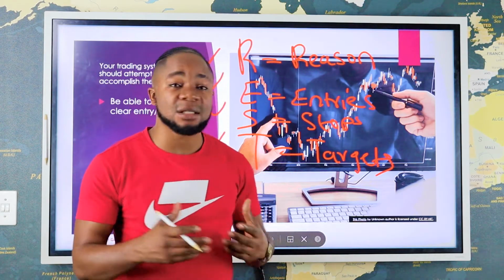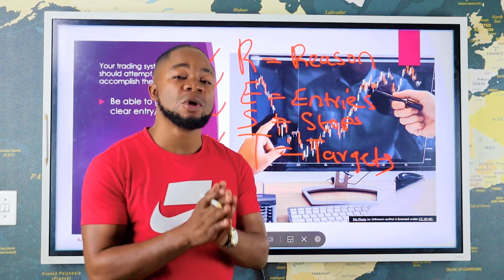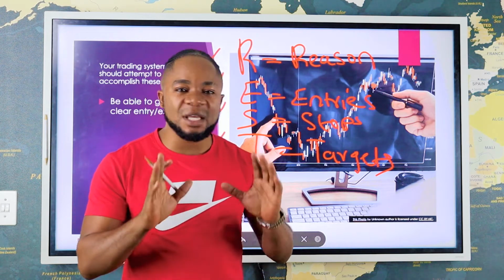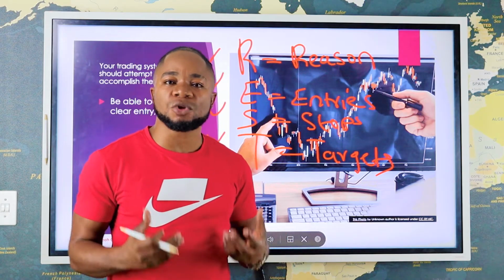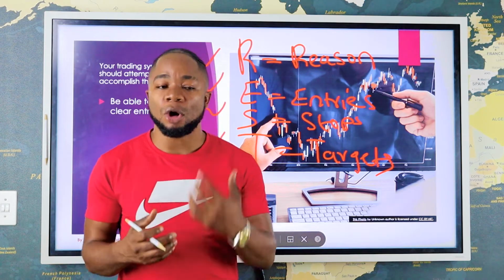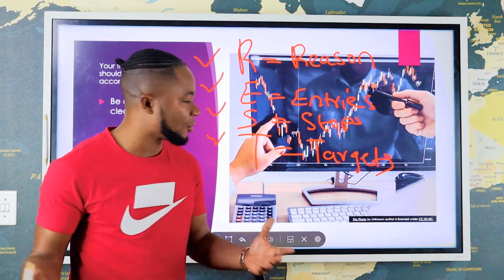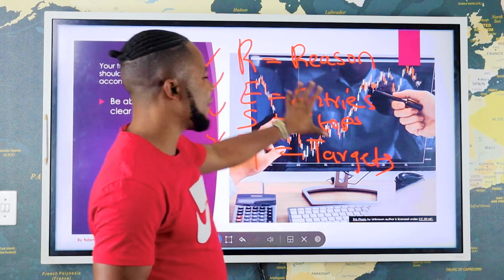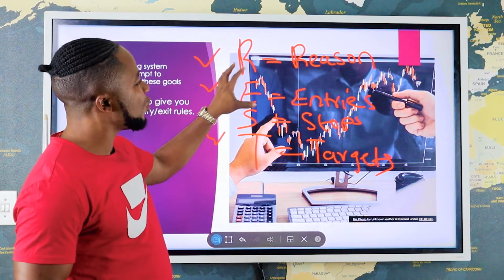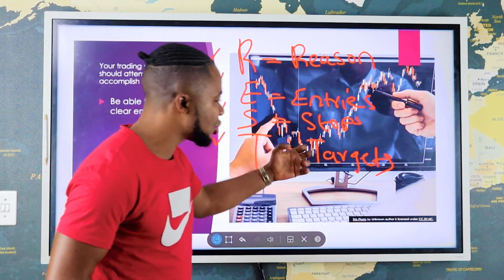Even if the trade is not going in your favor, you'll still be able to play cool because you know that you are totally in control of your trade. You're not trading with bad habits. So that is what I've taught you guys. Your system should be able to have the reason, the entry, the stop, and the target.